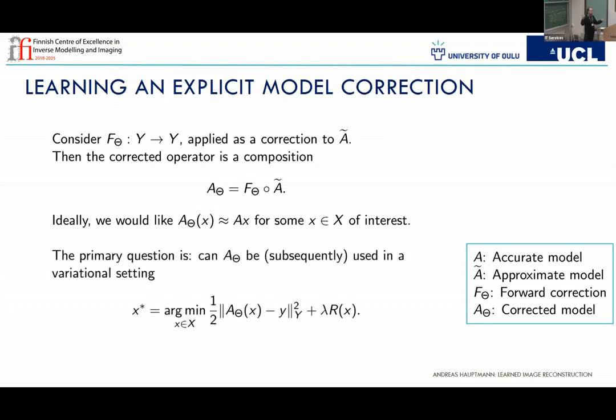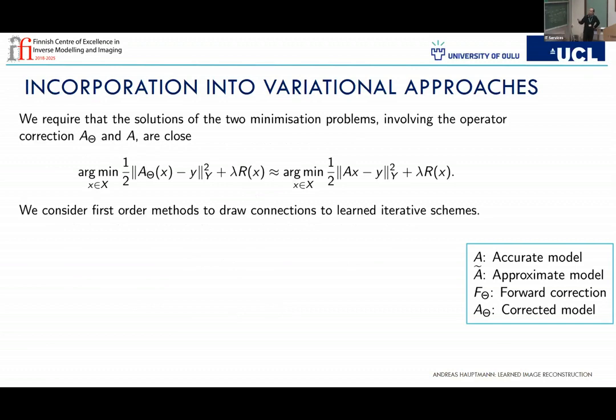As I said, the primary question is: given this corrected forward model, could we plug it into our classic variational framework, use a gradient descent method, and what would we get? So let's just see what happens. Basically, we want the minimizer of this to be approximately the same as the minimizer of our classic, what I call the accurate, functional.